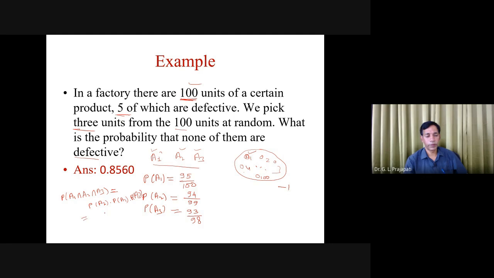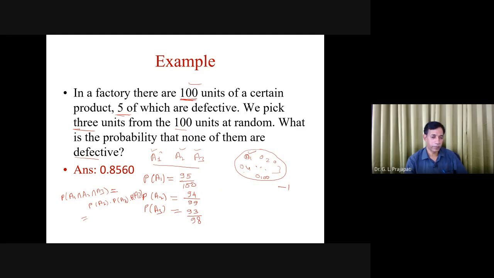You have considered A2 knowing that A1 has occurred, so you have incorporated this information. Otherwise, instead of 99, it would be 100 again.